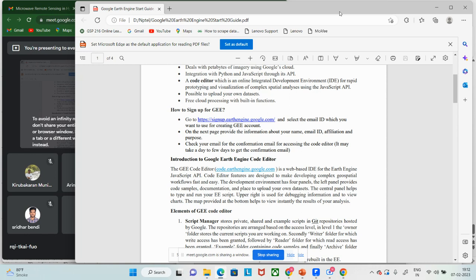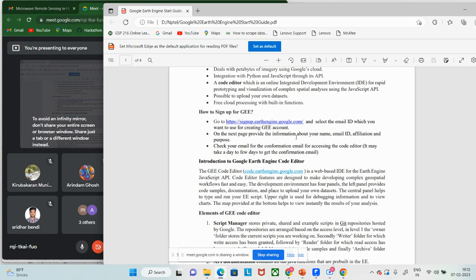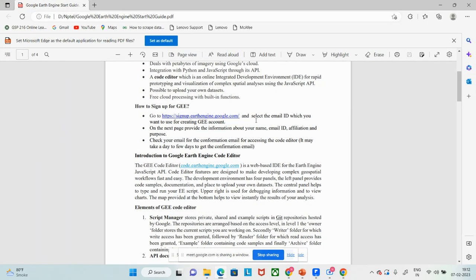If you type Google Earth Engine, just sign up. You can process it now itself, so if you have any doubt, you can show me and we can solve it here in signing up. It will ask you some basic questions.